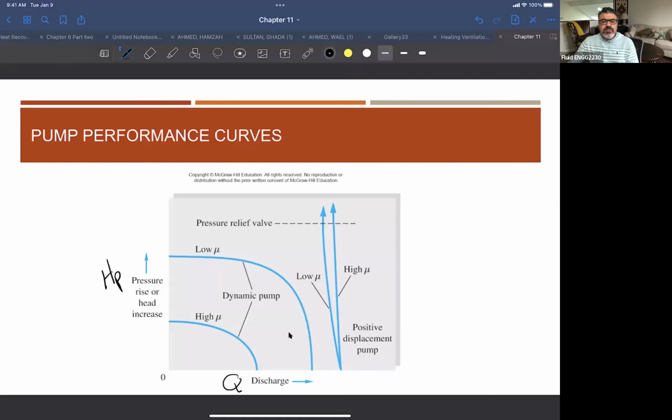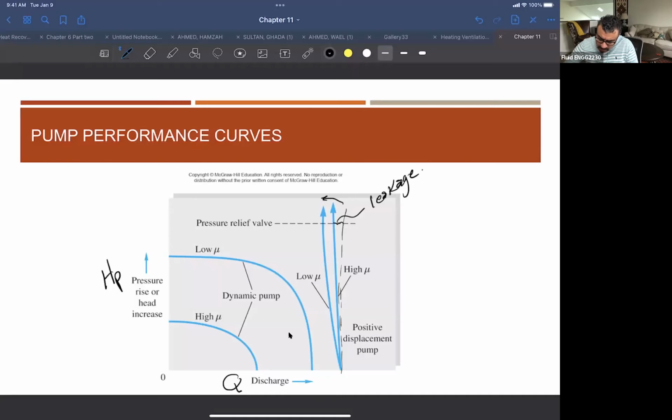So for a positive displacement pump, you almost see an approximately vertical line, right? Of course, the reduction here, or the inclination from the vertical direction, is based on the amount of leakage here, right? But in general, for a positive displacement pump, there is a vertical line between H pump and Q.